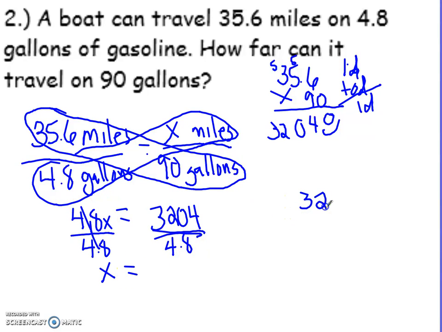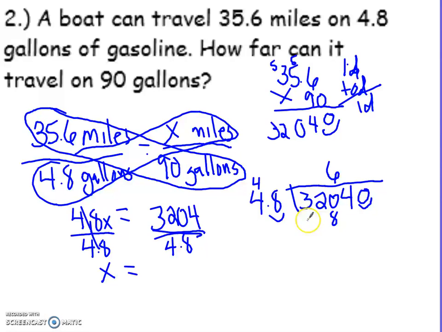3204 divided by 4.8. We're going to hop it once, have to add a 0. 48 can't go into 32, but it can go into 326 times. 6 times 8 is 48. 6 times 4 is 24, plus 4 is 28.